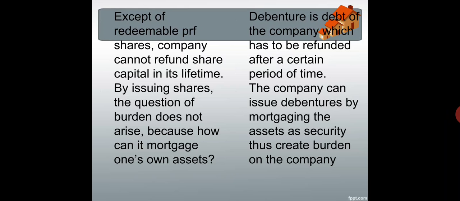While in preference shares, the company promises to give a fixed dividend to its preference shareholders. So, the risk element is very low as compared to equities. So, these are the main points of difference between ordinary shares and preference shares.